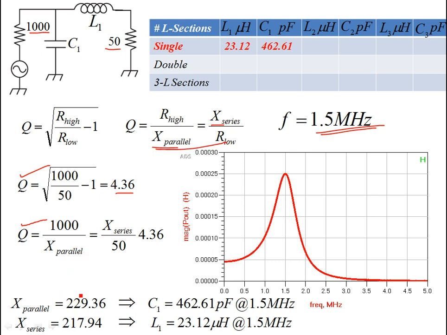So X parallel is 229.36, and at 1.5 megahertz the parallel element is capacitive. So you have a capacitive reactance of 462, and then the series is inductive. At 1.5 megahertz you have an inductance of 23.12 microhenries, and if you fill up this table for the single L section, you have the maximum power transfer at the design frequency, that's 1.5 megahertz.